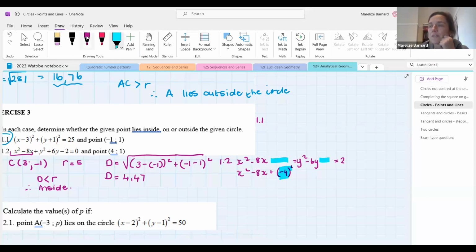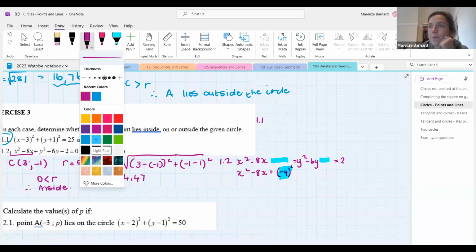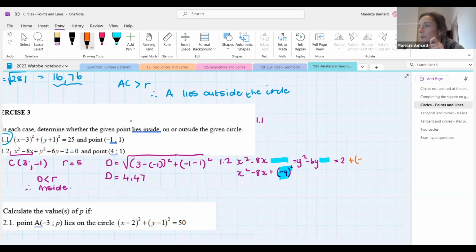We can't just add stuff to equations. We need to keep things equal. So if we add -4 squared on one side, we must add -4 squared on the other side as well.